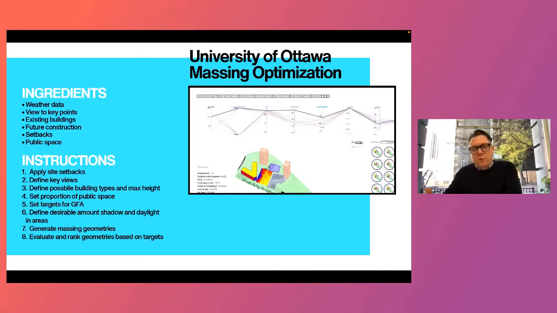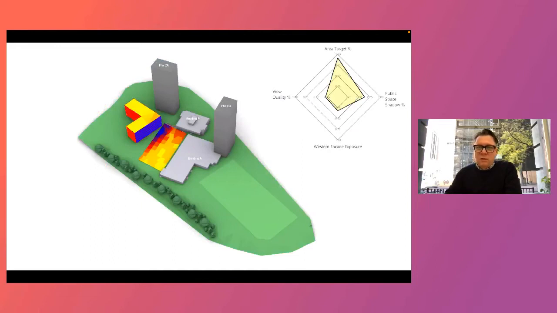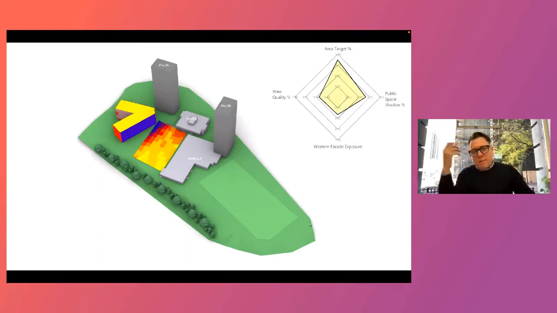So the 4 that I've pulled out here, although there were about 12 driving this, are area targets, public space shadowing, facade exposure, and view quality. And you can see for every one of these that we generate, we're getting the attached data and metrics from that. So it's trying to minimize the things it wants to minimize and maximize the things it wants to maximize, and then finding that coalescence I'm talking about.